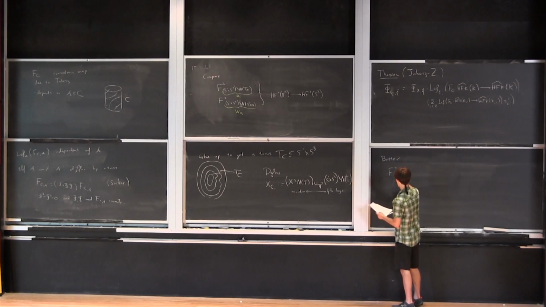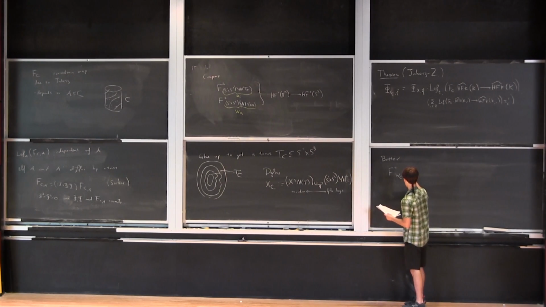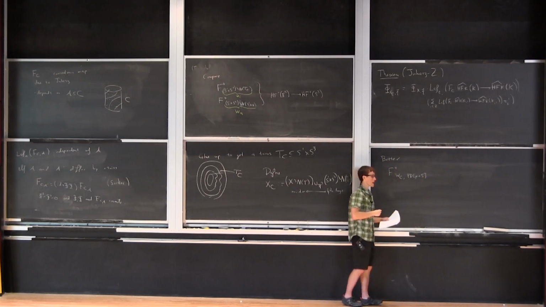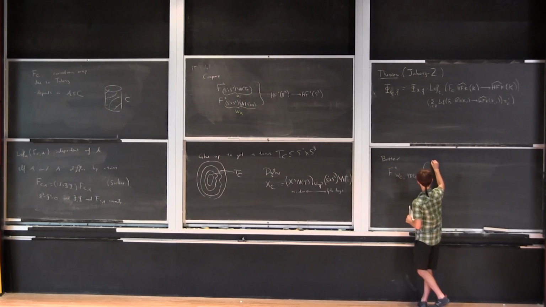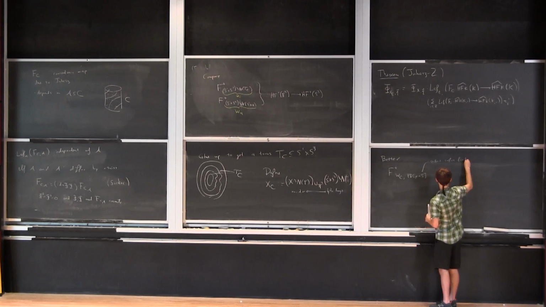So instead, what we're going to compare is this W C, and we want to twist it by a class. It's simple to describe. It's going to be the Poincare dual of a point times a Seifert surface. So this is a Seifert surface for K.